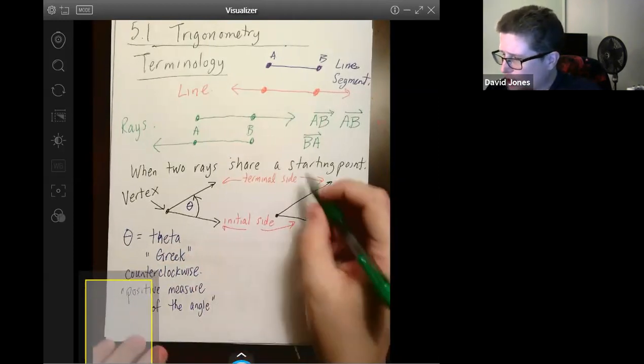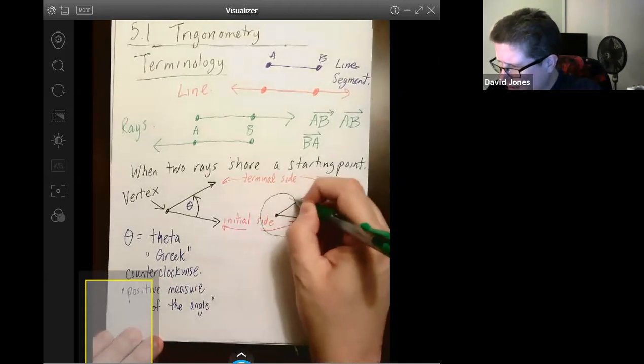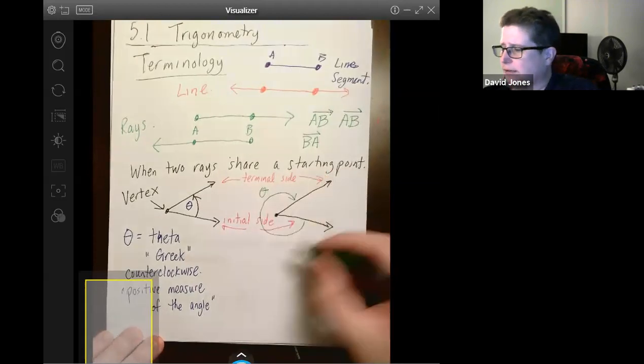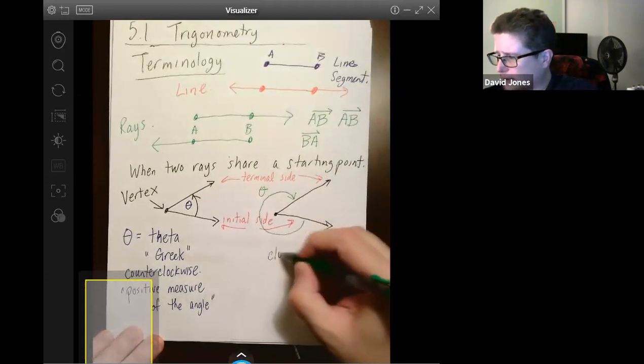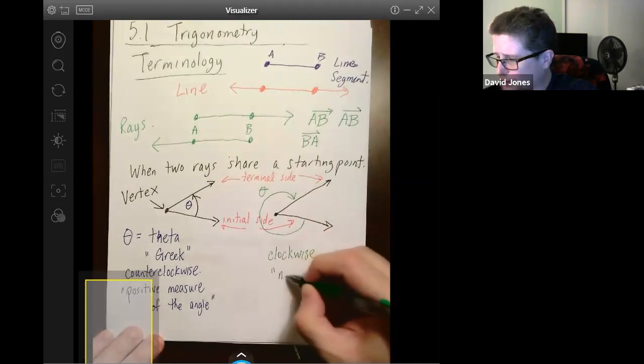And if we go clockwise, is referred to as negative measure.